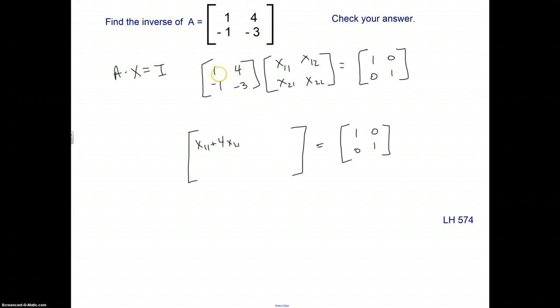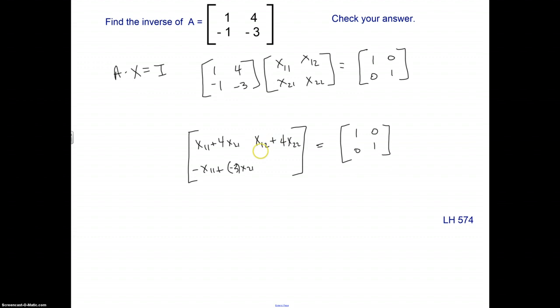This is going to be across and down: x1,2 plus 4 x2,2. Down here, across and down, -1 times x1,1 plus -3 times x2,1.